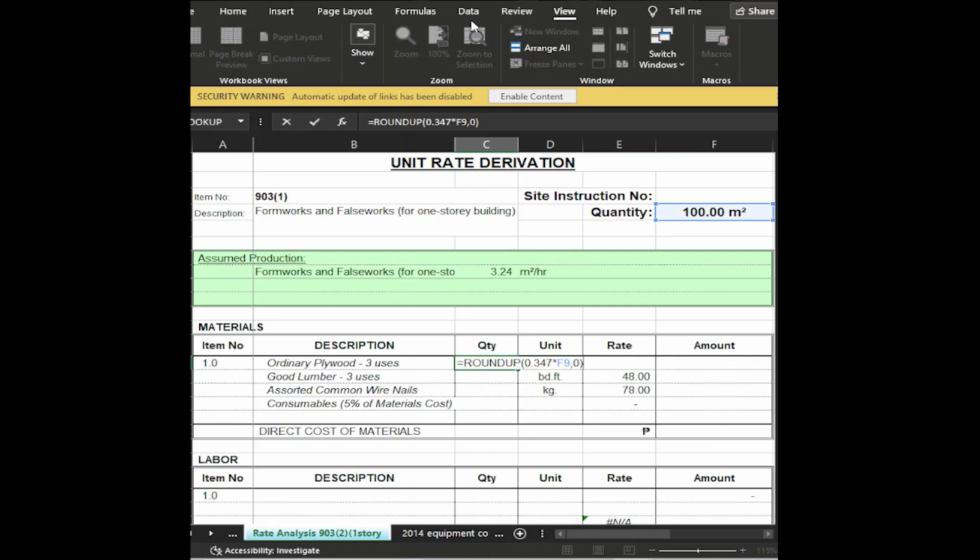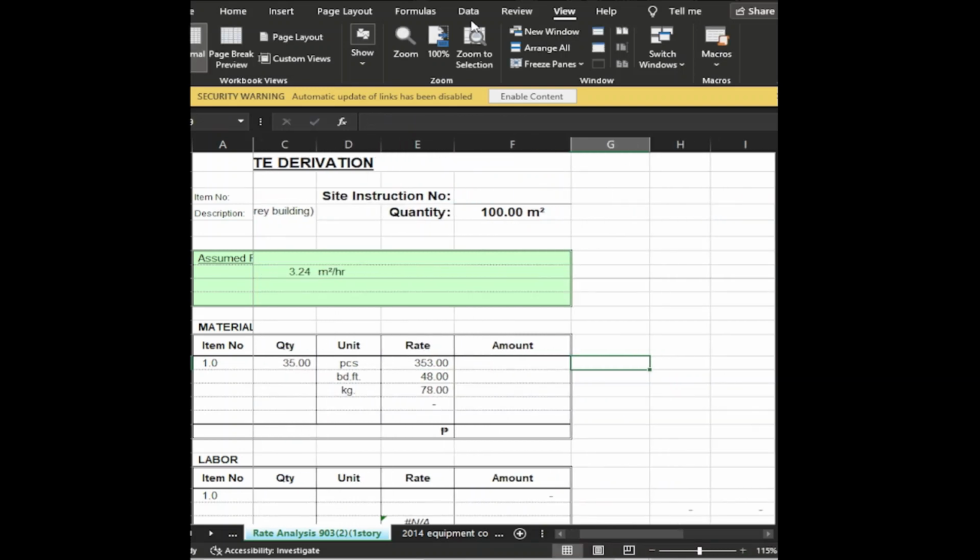So actually, guys, this 0.347, they already have the data of this one. This is the approximate factor for every square meter of formworks. So if we analyze this one, if we have 1 square meter, then the plywood is 1.22 and the length is 2.44.